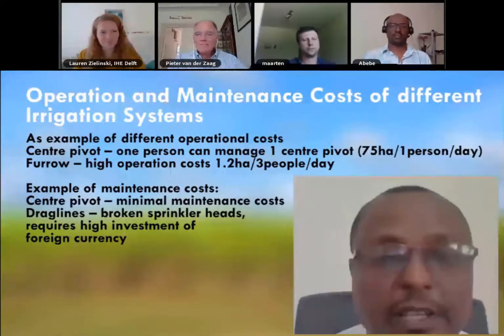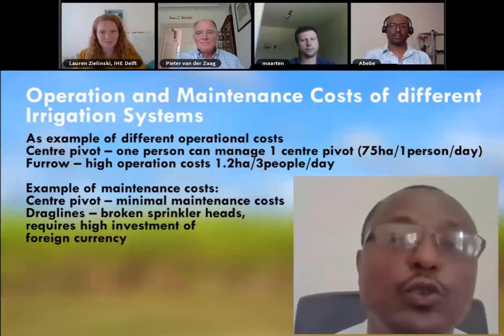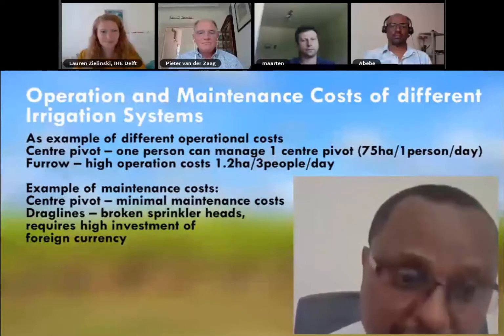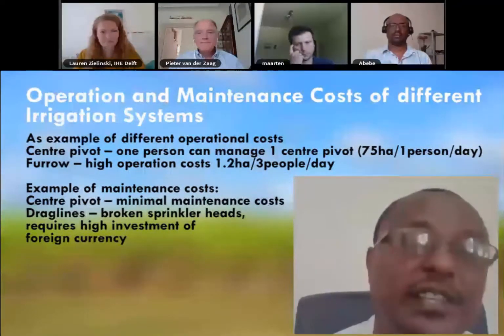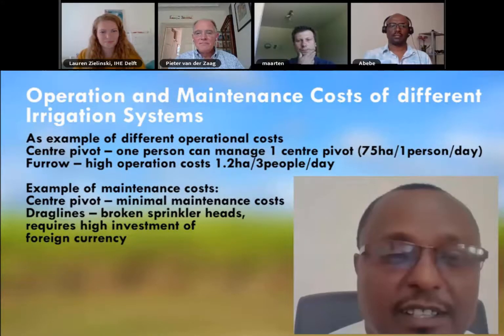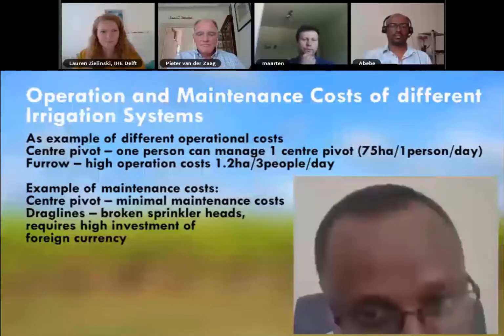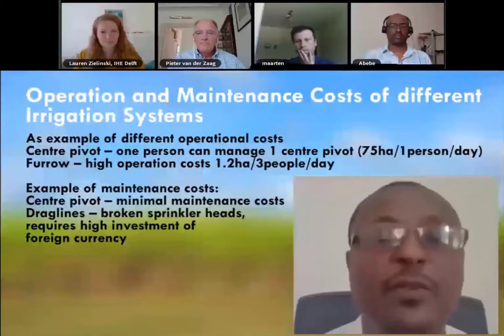In FAO irrigation systems, 1.2 hectares is managed per day by 3 persons. Look at the difference. There is a great difference.